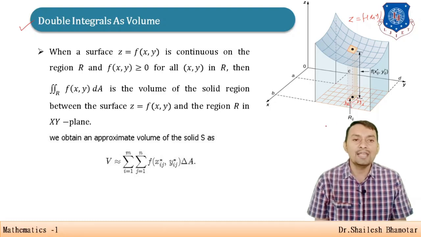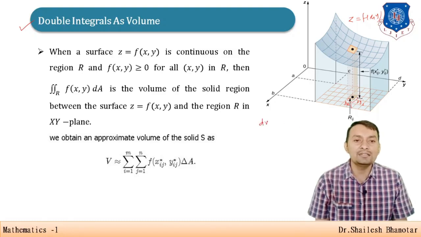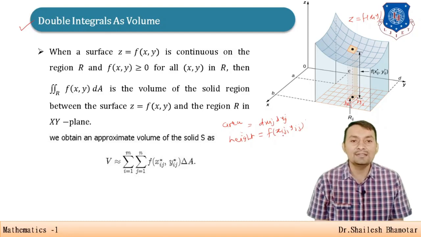So area is dx i into dy j, and the height will be f of x i j, y i j, because that is the ij-th particle.